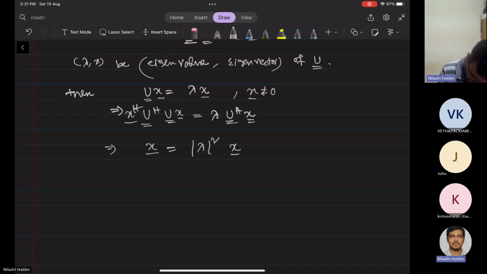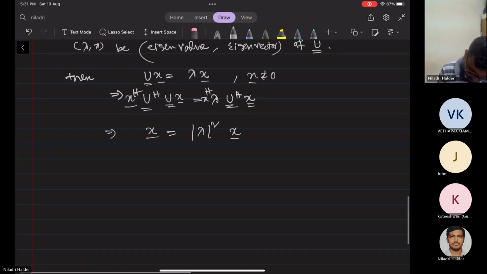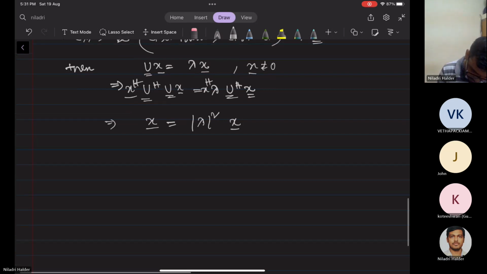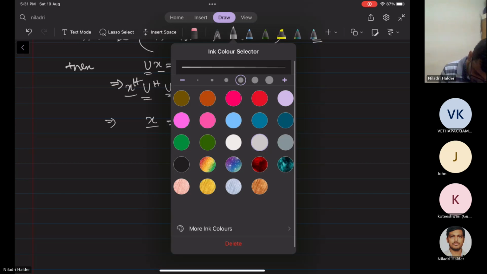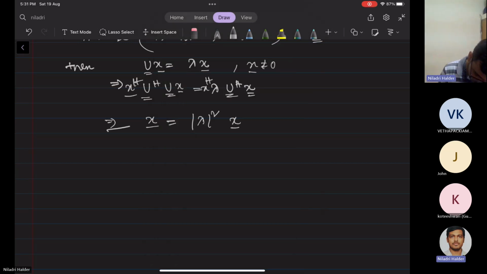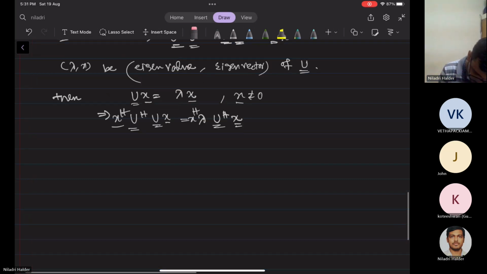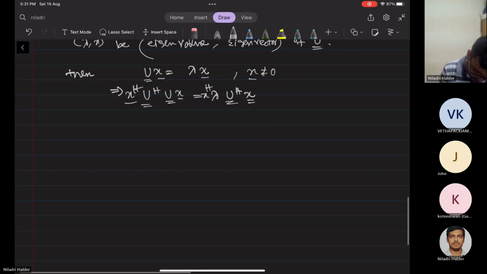Then this becomes mod of lambda squared equal to 1.